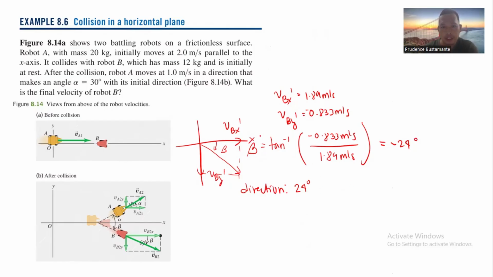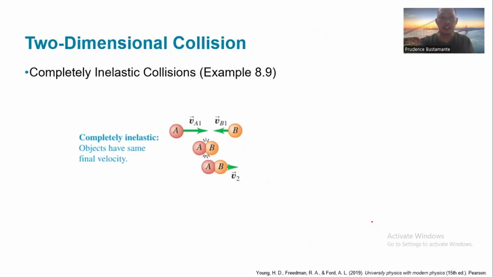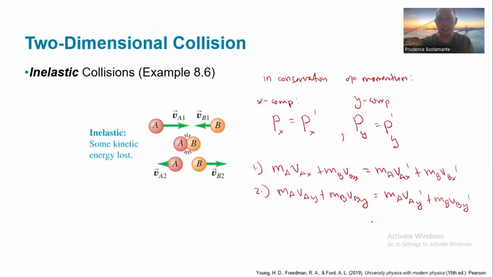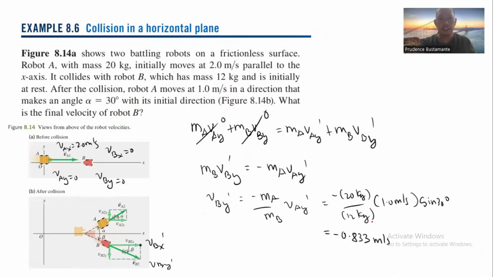This is north and south, this is east and this is south. So this is 24 degrees south of east. So that's how you answer that one. The most important thing in two-dimensional collision is you just separate, apply the vector knowledge, and you're good to go.